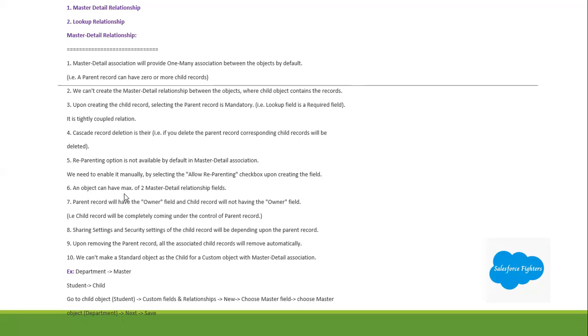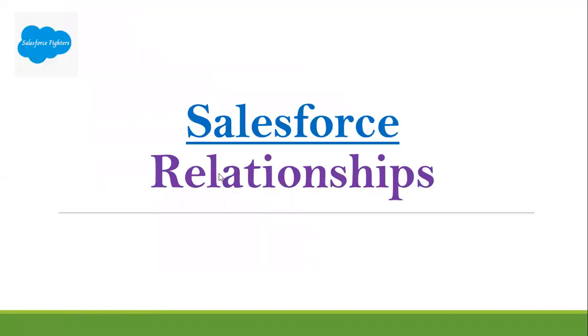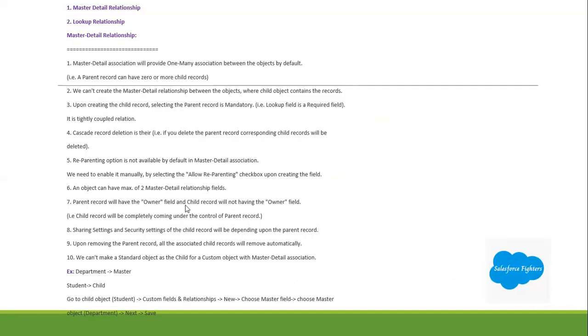An object can have a maximum of two master-detail relationship fields. Next, parent records will have the owner field and child records will not have the owner field.